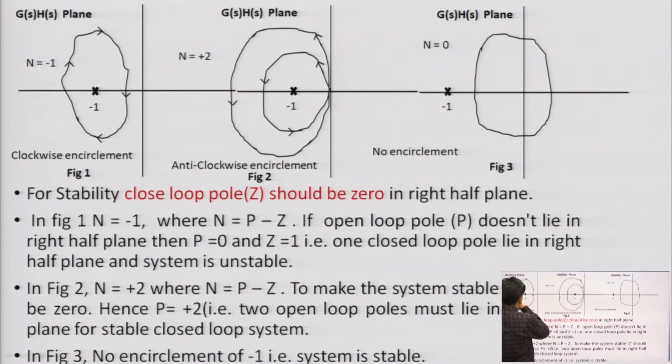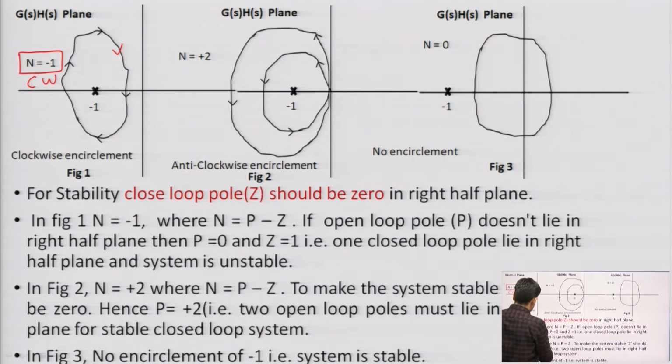Here is one example. Suppose in the G(s)H(s) plane, this contour is covering the point -1 and it is encircling clockwise. Whenever we are moving clockwise, the number of encirclements is N equal to -1. So, what information do we get from here?